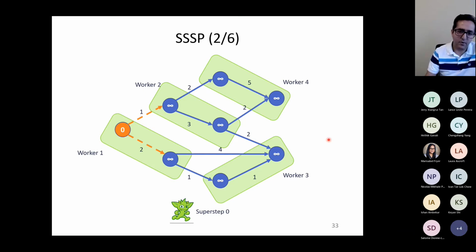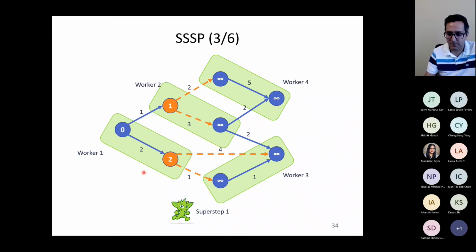The active node is this guy only; the rest are at infinity, so they are in halt mode for now. This guy has something to tell its neighbors: my score is 0, so the cost to reach you is 1, and the cost to reach you is 2. So it passes 1 and 2 to these nodes.